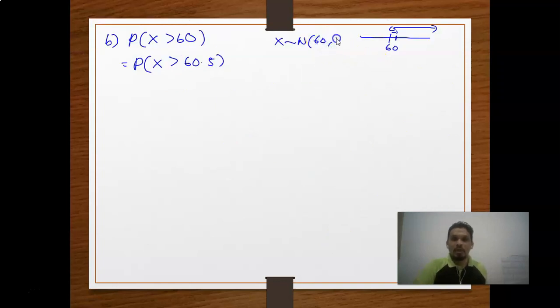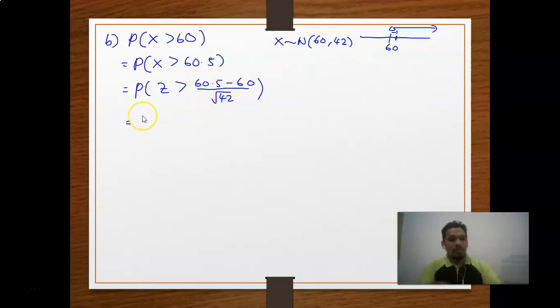So probability of standard normal Z greater than 60.5 minus the mean 60, divided by the standard deviation, which is the square root of 42. This is variance and this is standard deviation. What do we get then? 60.5 minus 60 divided by the square root of 42.